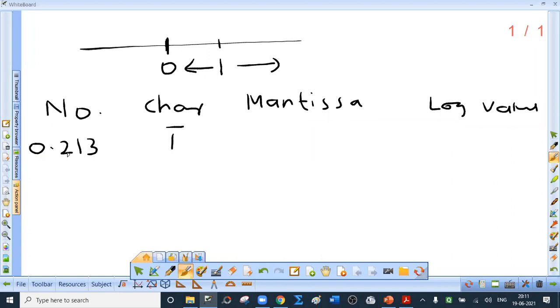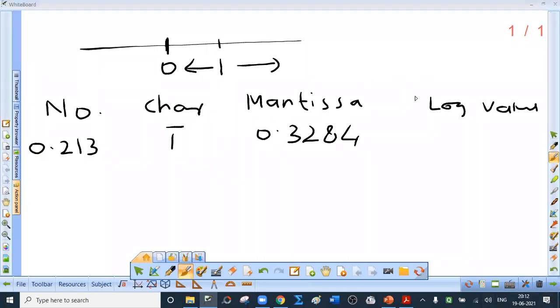So find the number which is in row 21, because first two digits always give row number, and the third one gives column number. So can you tell me the number which is in row 21 and column 3. In this log table, it is 3284.